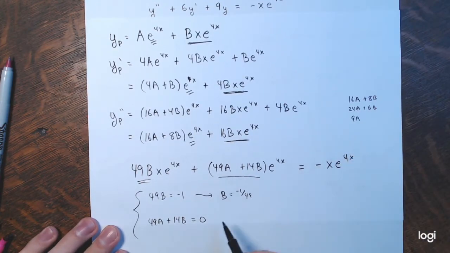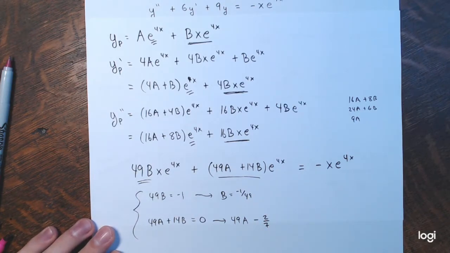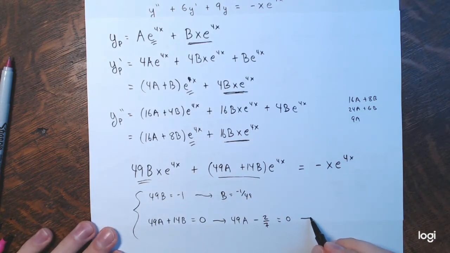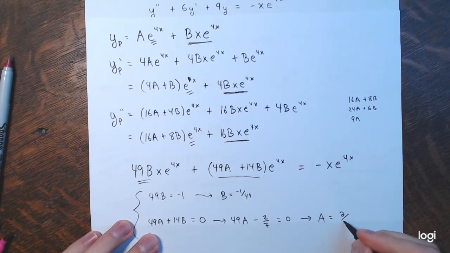Then plugging that in here, we'd have 49a, then 14 times negative 1/49 is negative 14/49 or negative 2/7, and this needs to be equal to 0. From this we solve for a, it'd be 2/7 times 1/49, which is 2 over 343.